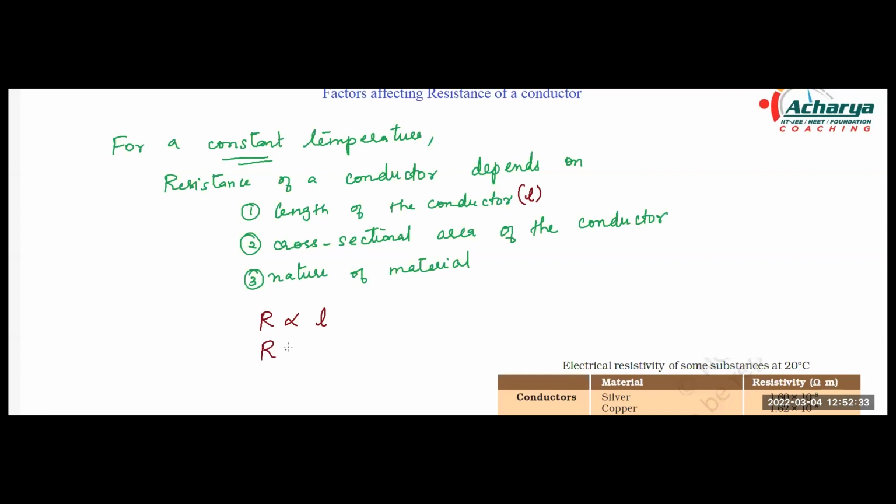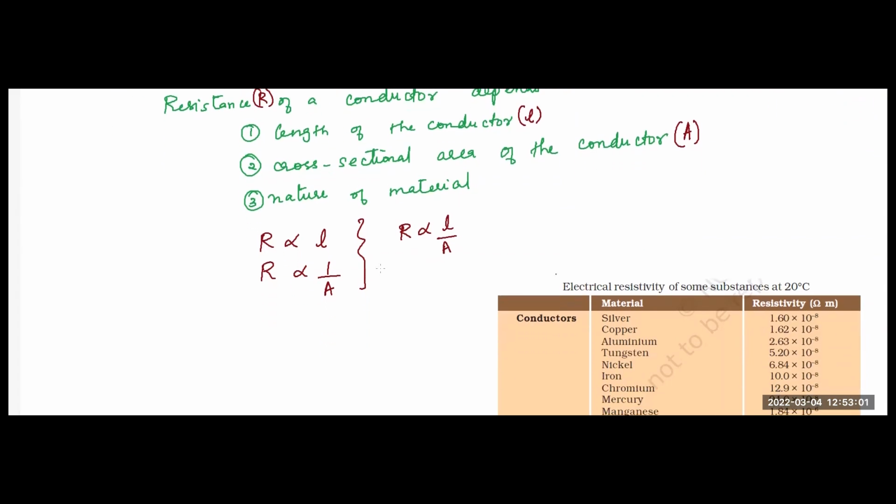Again, the resistance is denoted by R. Resistance is inversely proportional to the cross-sectional area of the conductor. We denote cross-sectional area with capital A. So R is inversely proportional to A. When you combine these two, we get R is proportional to L by A. Here we change the proportionality sign to equal to.